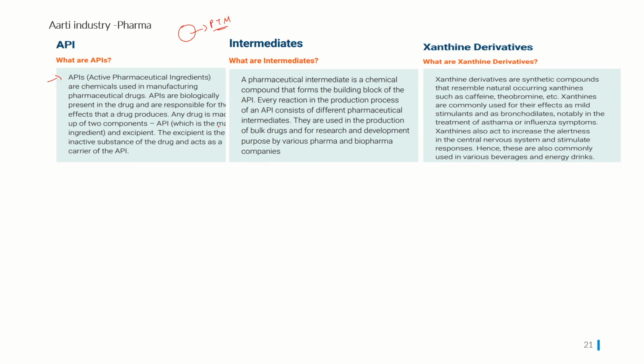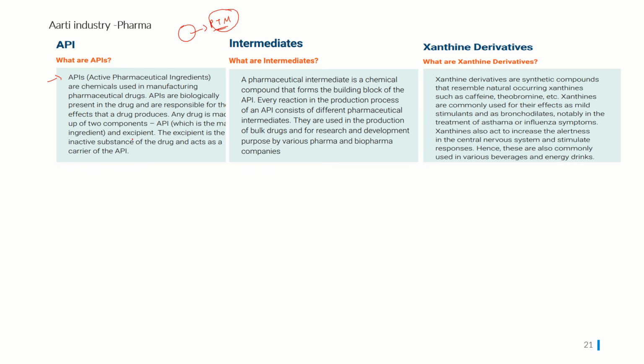The first ingredient, the inactive one, is all the other substances that will take the medicine to your stomach. Then the medicine will dissolve and paracetamol will kick in. So API is this paracetamol, active pharmaceutical ingredient. Any medicine has 2 ingredients. The first one, the inactive one, and the second one, the active one. The active one, paracetamol, is the example of API.